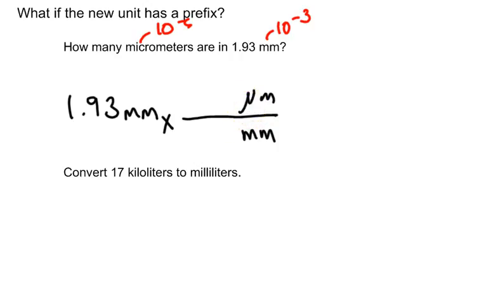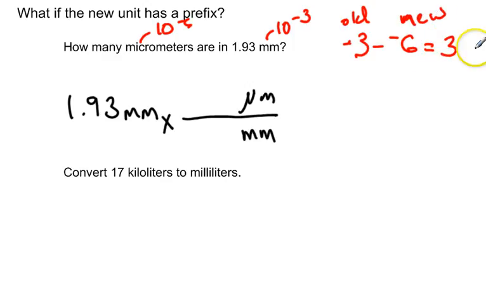Okay, and now we have to make up our own conversion factor, which we can by knowing all the powers of the metric prefixes. And so we're going to subtract the new prefix power from the old prefix power. So minus 3 minus a negative 6. This is our old and this is our new, and that's going to give us 3.